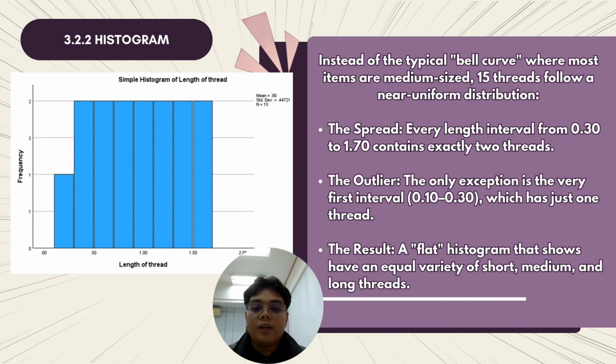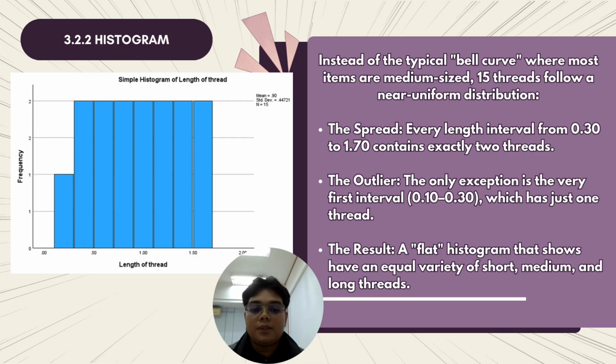For this histogram, instead of a typical bell curve where most items are medium size, these 15 threads follow a near uniform distribution, where every length interval from 0.3 to 1.7 contains exactly 2 threads.